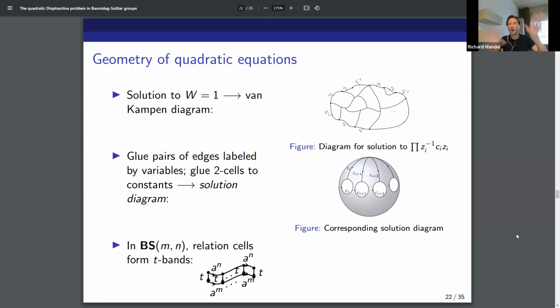So our sphere in this case is just tiled with these bands, and the bands will necessarily either form circles or rings, or they will join a T in one of the constants to a T in another constant. So they can't do much. We'll be exploiting this very restricted kind of geometry. Next slide.